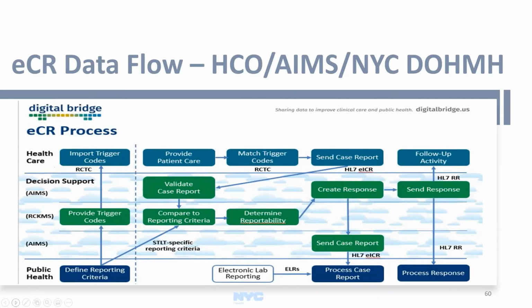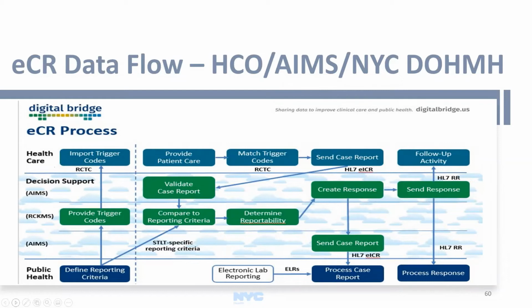The platform facilitates health messaging and has a shared service to support the transport, validation, and routing of electronic data. RCKMS is the Reportable Conditions Knowledge Management System, which is the authoring interface for public health agencies to add and manage their jurisdiction reporting criteria. So here, public health agencies define what is reportable.